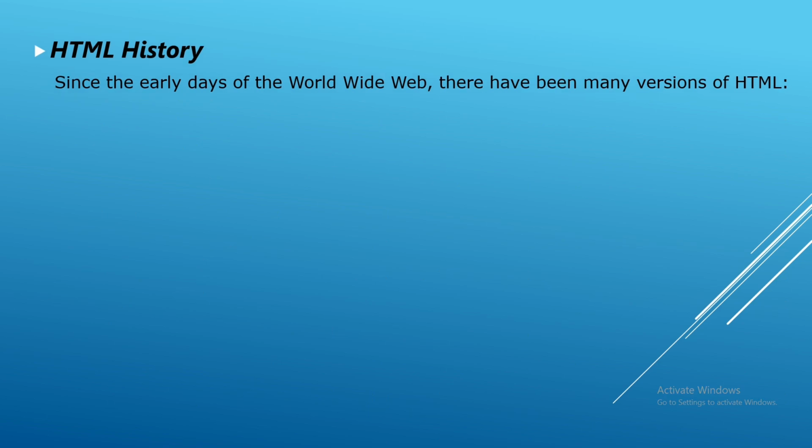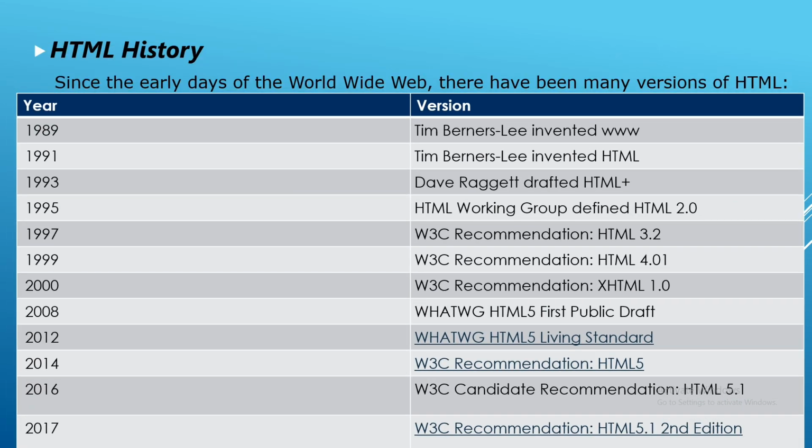Now we don't really need this to learn HTML. Since the early days of the World Wide Web, there have been many versions of HTML. There's not only one HTML. There is HTML+, HTML 2.0, HTML 3.2, HTML 4.01, XHTML 1.0, HTML5, HTML 5.1, HTML 5.1 Second Edition.